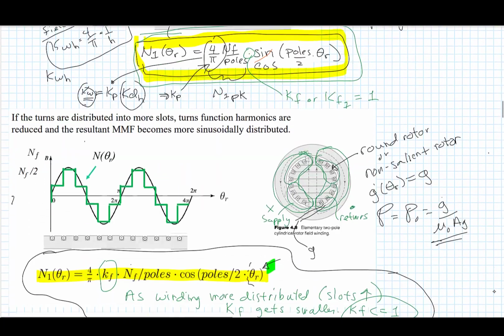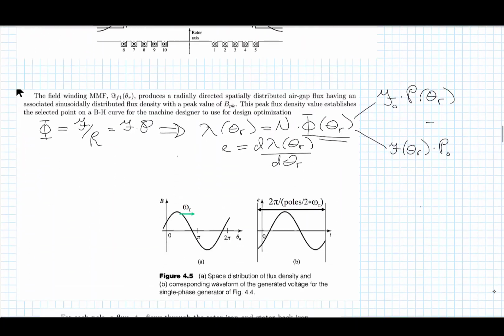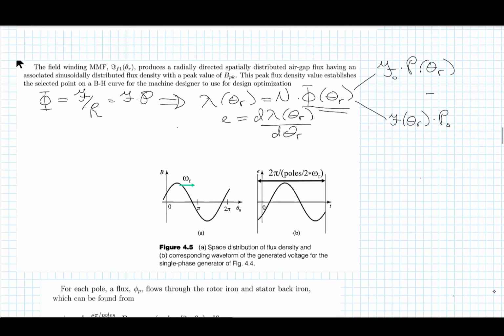So if we go back down to look at this here, we're going back to a flux density. If we move the rotor, that flux density position will move. And the rotor will move at a constant rate, or a rotor speed.